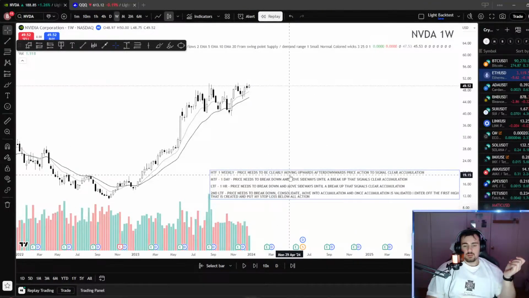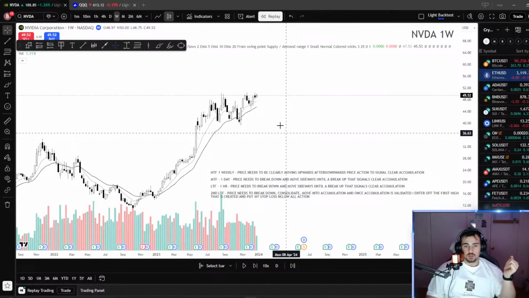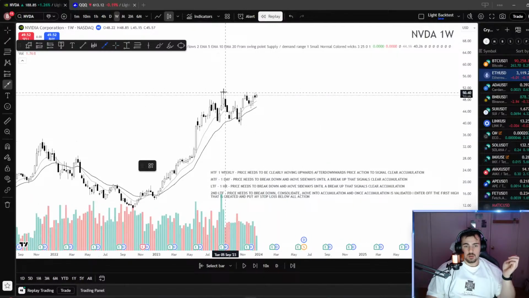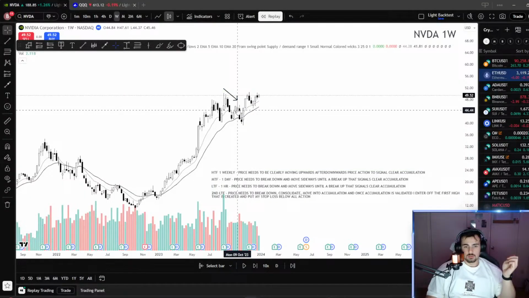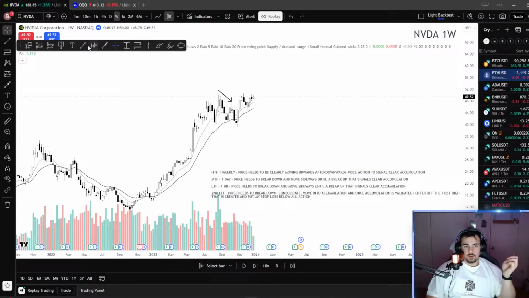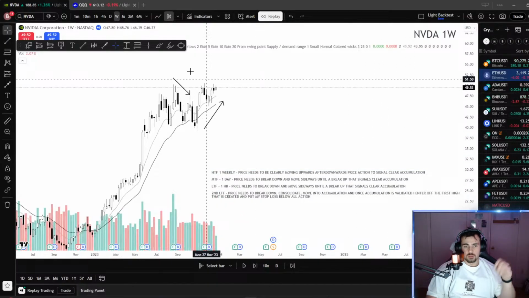Price needs to be clearly moving upwards after downwards price action. Well, price on the weekly had slight downwards action and now is currently moving upwards. Price needs to be clearly moving upwards after downwards price action to signal clear accumulation.